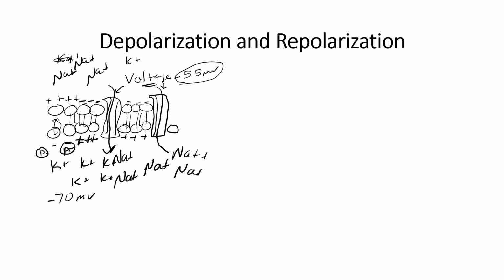Once the sodium rushes in, it depolarizes this other portion of the cellular membrane, causing it to become more positive, changing the voltage of this section of the membrane. When that happens, it opens this next voltage gated channel, once again allowing sodium to rush in.